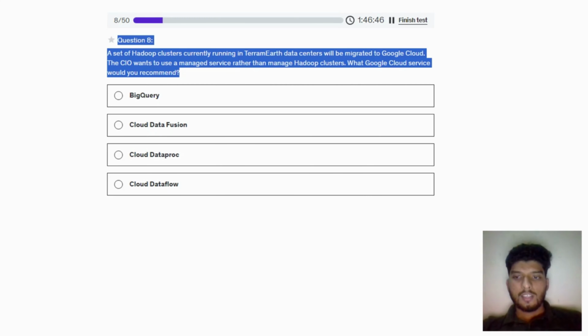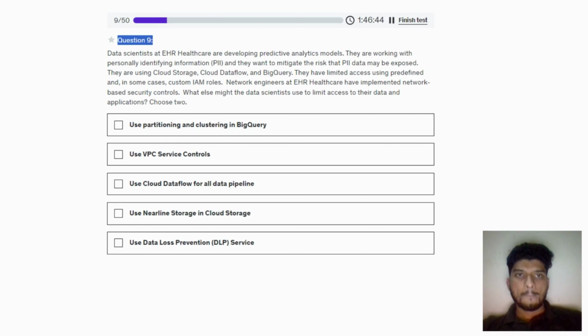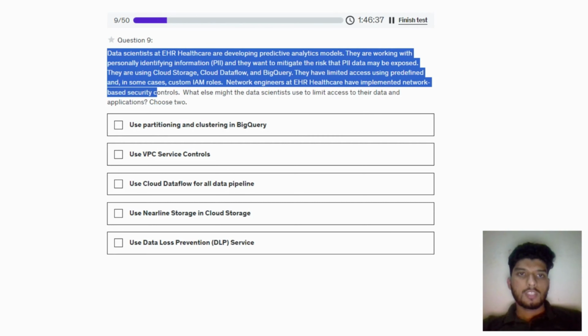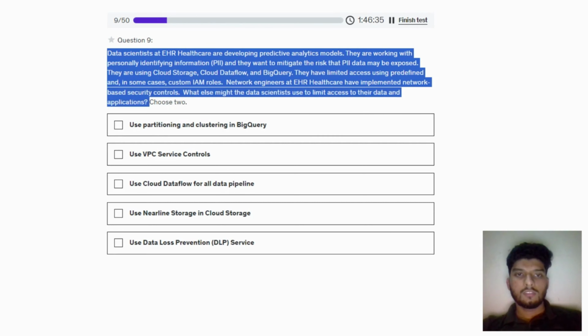And question 9 is, so you have to select two options from this.